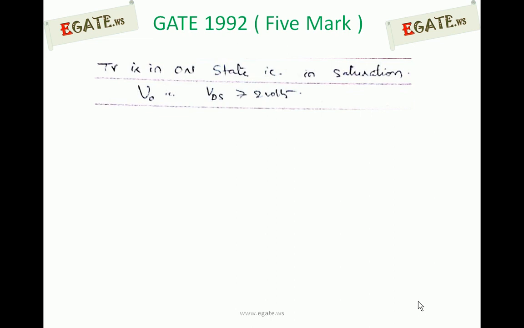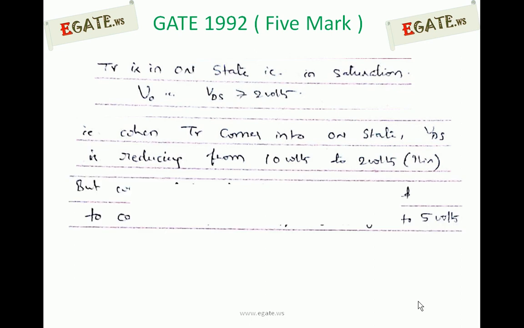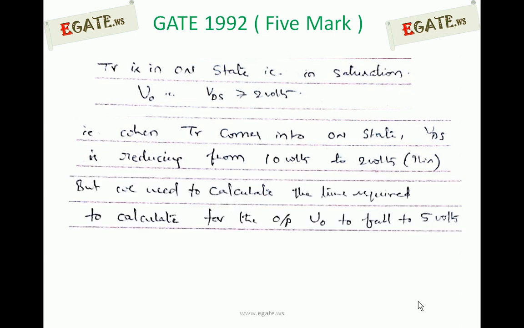So how much time does it take to reach from 10 to 5 volts? That is what we are going to calculate: the time required for the output to reach 5 volts from 10 volts. When the transistor comes into the on state, VDS is reducing from 10 to 2 volts.